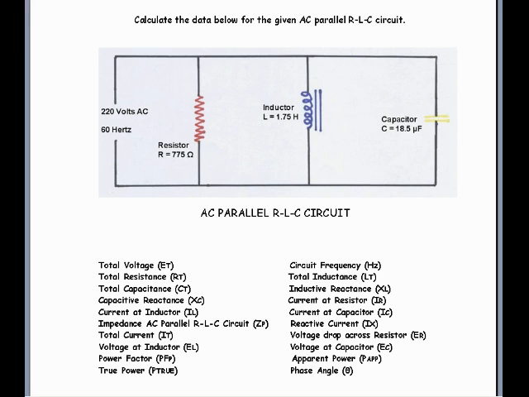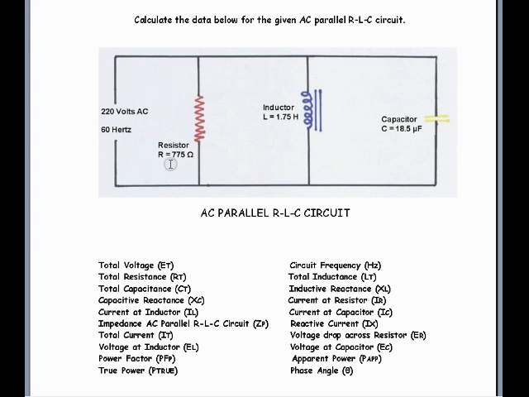Now let's calculate the data below for the given AC parallel RLC electrical circuit. This circuit has an RMS, or root mean square effective voltage, of 220 volts AC, operating at 60 cycles per second or 60 hertz.